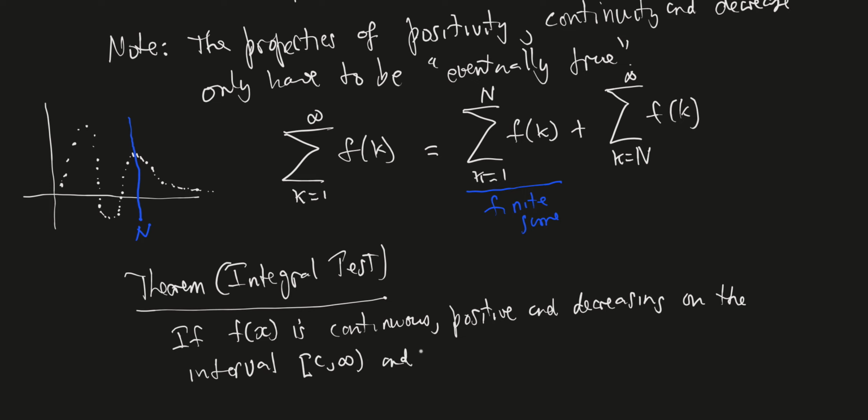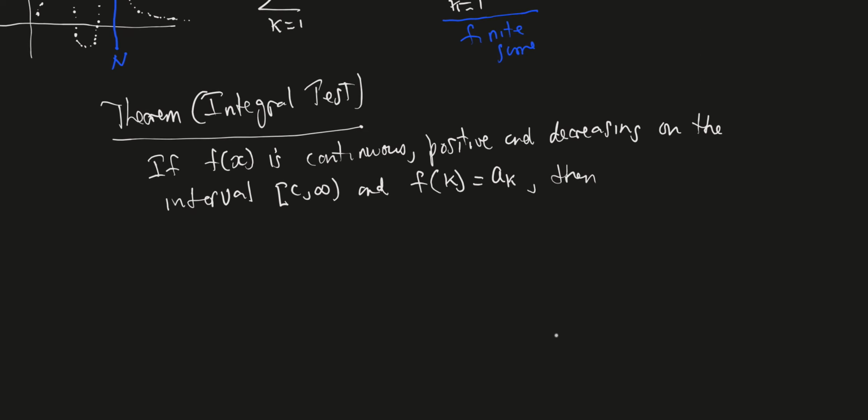And that the function values coincide with the values in my series. So the values of the function coincide with the terms of the sequence. So then, here is the first conclusion.